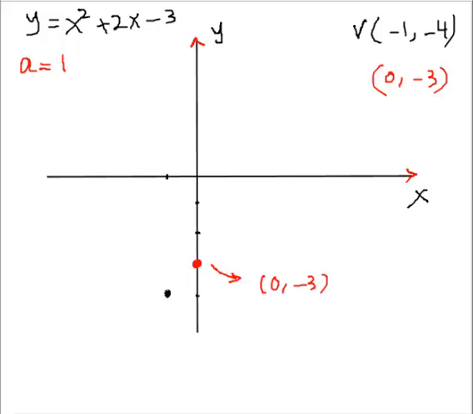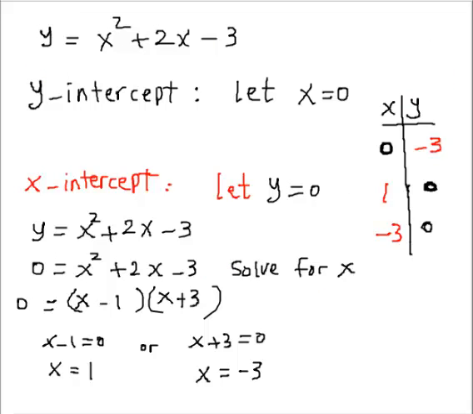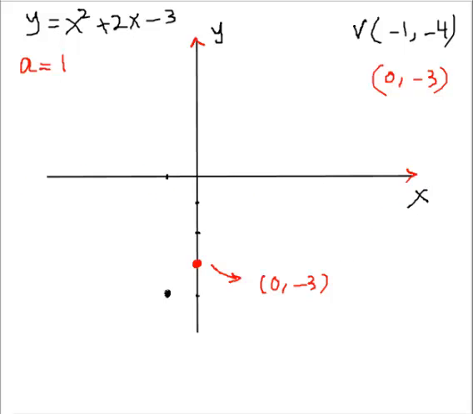And we already found the X-intercepts, 1, 0 and negative 3, 0. So if x equal to 1, y is equal to 0, you're probably going to pass through this point. And negative 3 would be right here. So these are the points of X-intercepts. This is where you're probably going to pass through the x-axis.